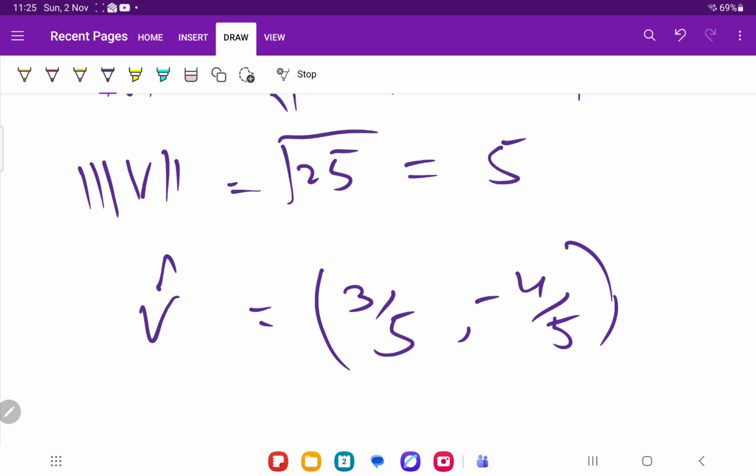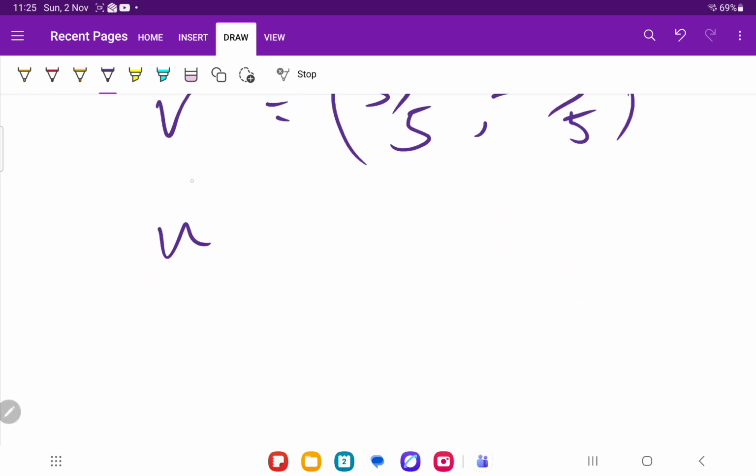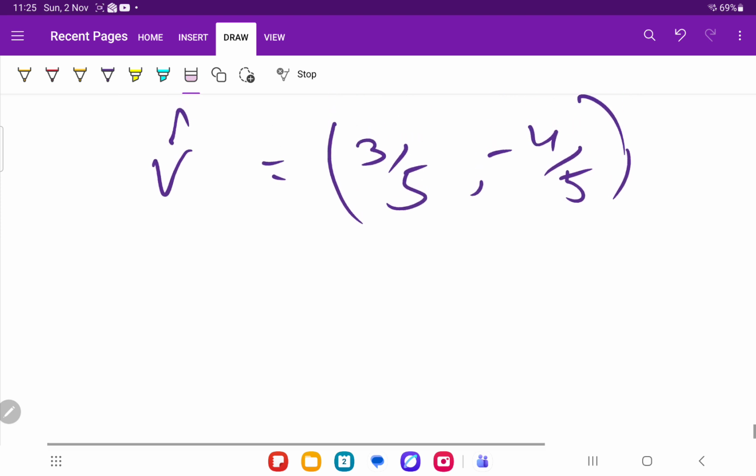Clear? So for example, if you would like to find the direction vector in the opposite direction to v, we know v hat is this one.